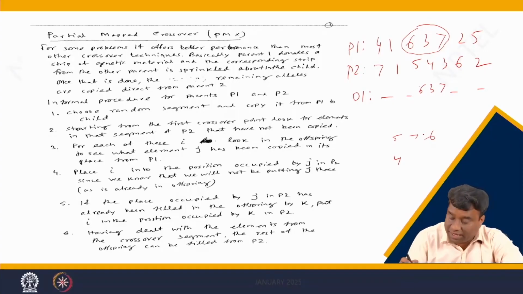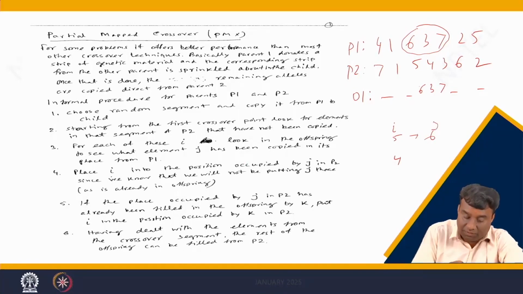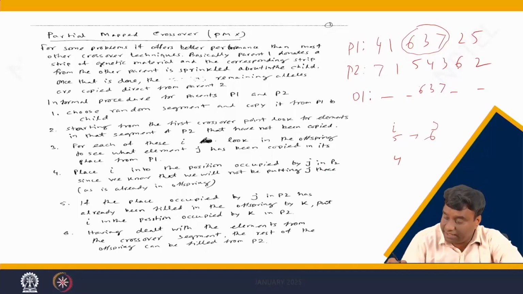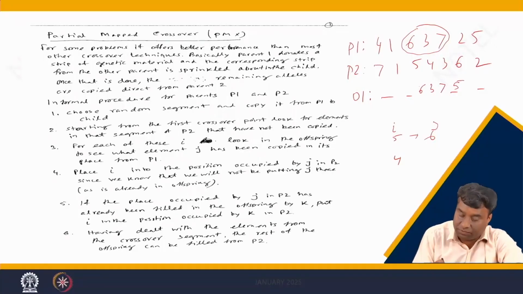So 5 is I and the element J is 6. Place I into the position occupied by J in P2. J is 6, so here we need to put 5. Once again, place I, that is 5, in the position occupied by J in P2.